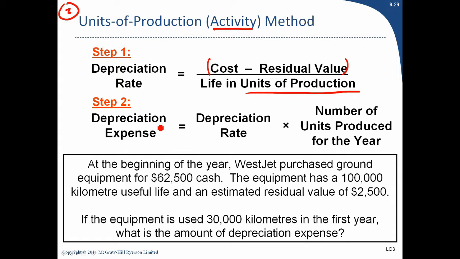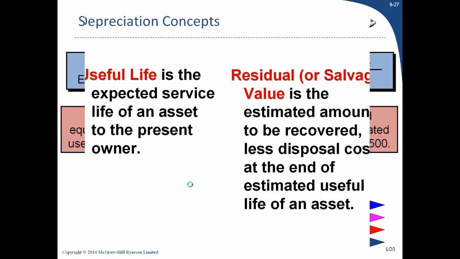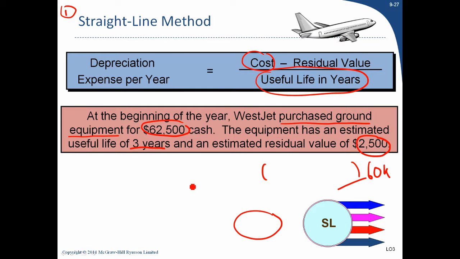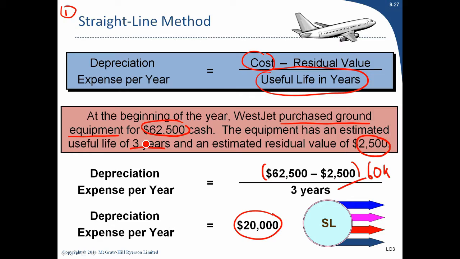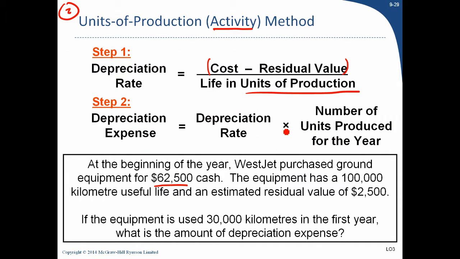So going back to this example, WestJet purchased ground equipment for $62,500 cash. In the previous example, we estimated this ground equipment would have a 3-year useful life, okay? In this example, rather than measuring the number of years, we're measuring the kilometers driven, okay?